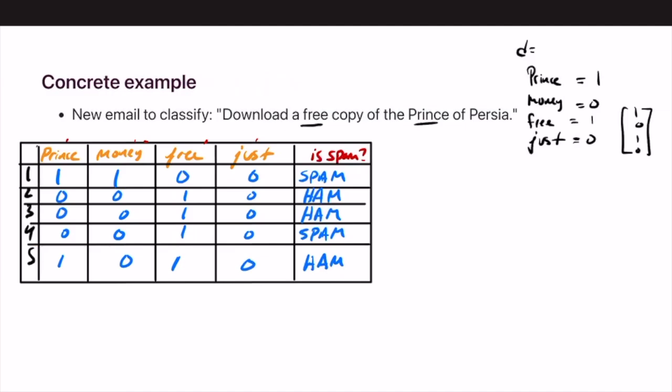So this is going to be the probability of spam given features. And we're going to say the probability of spam times the probability of features given spam.